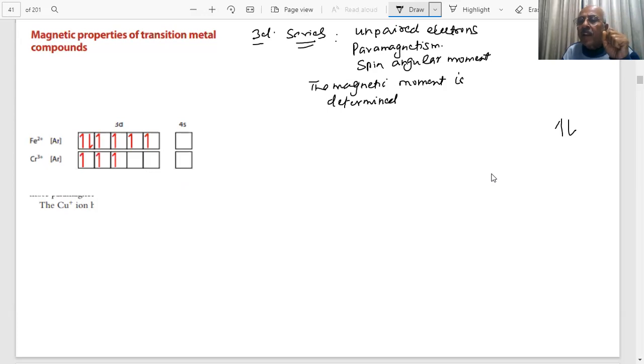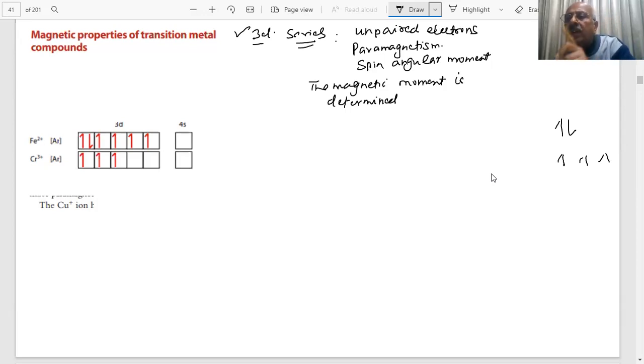So if unpaired electrons are there, what happens? If I bring a magnetic field, they are attracted towards the magnetic field. So the magnetic moment is determined by, student, in the case of the 3d series, the transition elements, the magnetism is due to spin angular momentum. I told you, the electron is spinning around its axis.